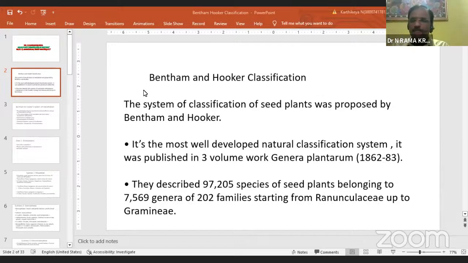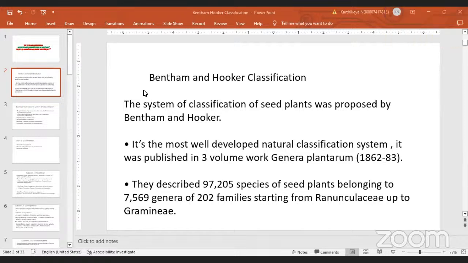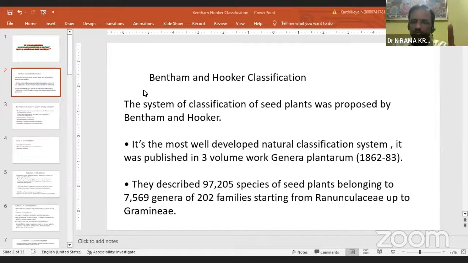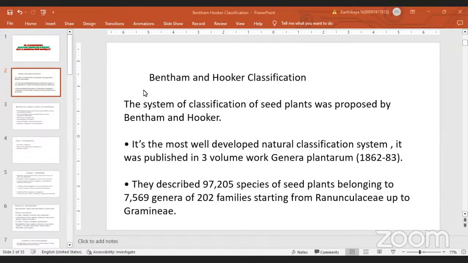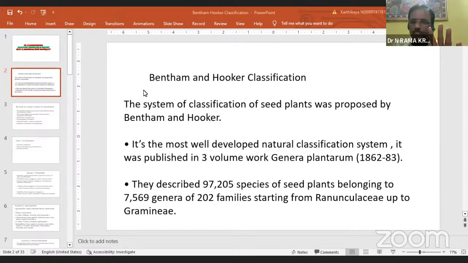One is artificial classification. Second one is natural classification. Third one is phylogenetic classification.